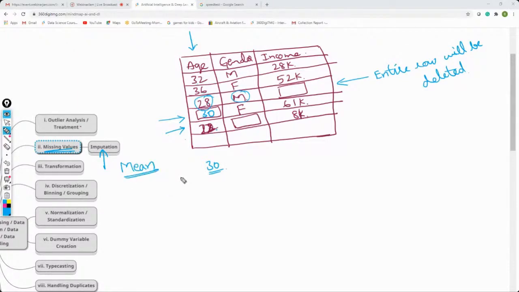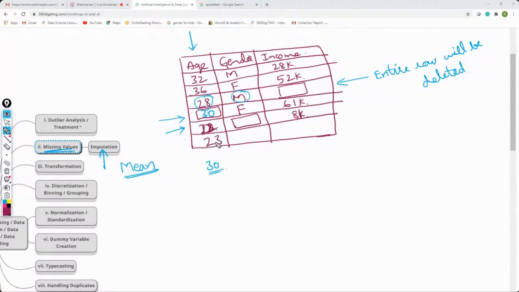But when you have categorical data, such as male or female, you cannot ideally replace the missing value with some value, or you cannot take an average, right? So what you do is you replace this with the mode, maybe.